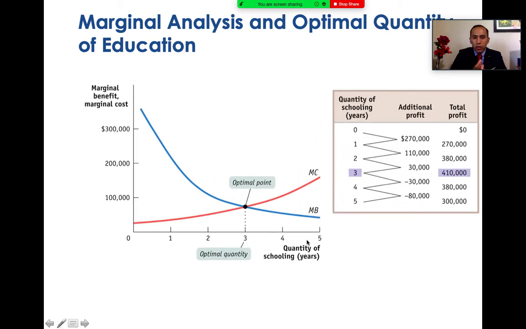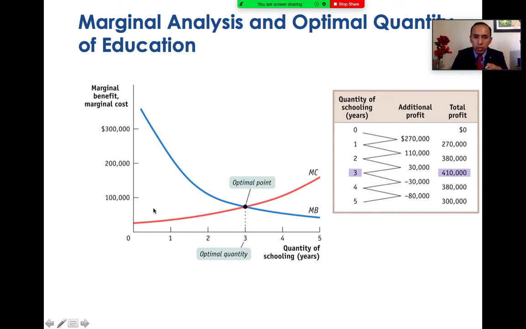So let's consider education. Our marginal benefit of studying or going to school is indicated by the blue downward sloping curve, which indicates the marginal benefit per academic year. Marginal benefits are the additional benefits received per additional unit incurred.